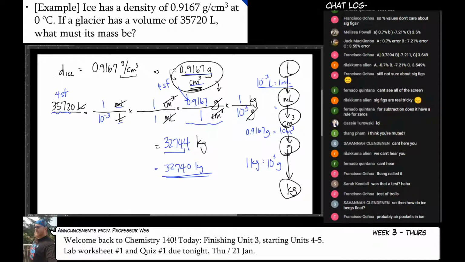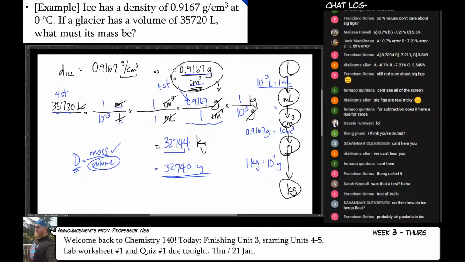Now, remember that when we're doing density, density is equal to mass over volume. And so, if you have one of these things, you can always solve for the other one by using the density. You're just going to have to use it in some relationship as shown. So I could instead give you the volume, or I'm sorry, we did volume.